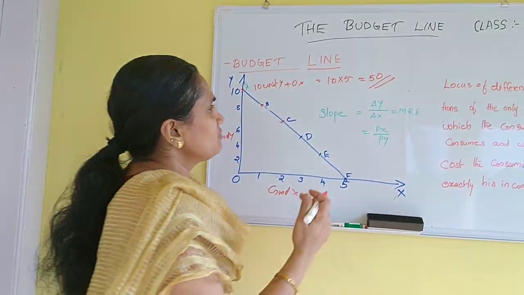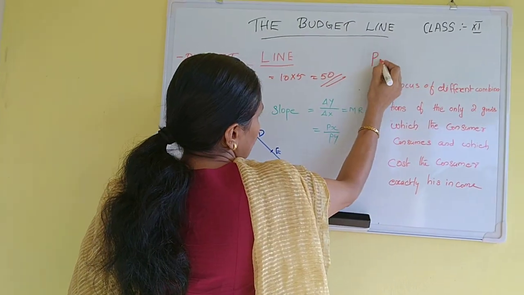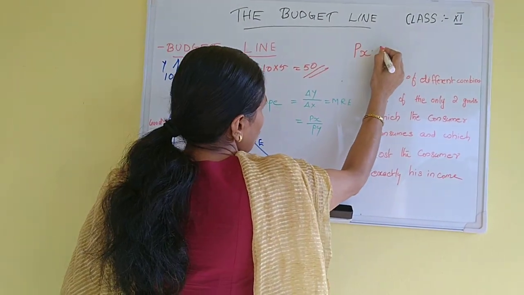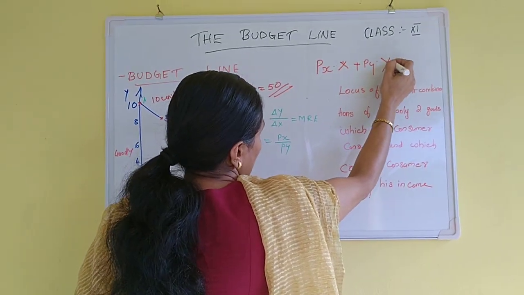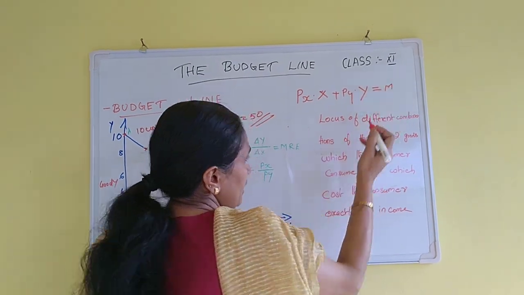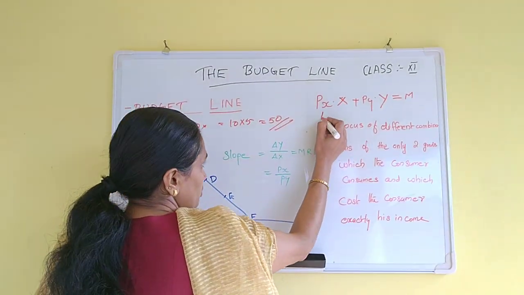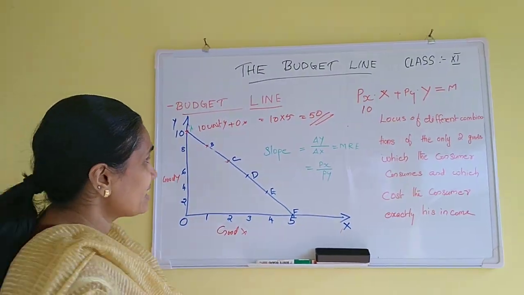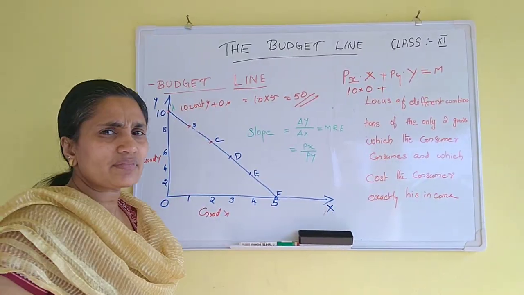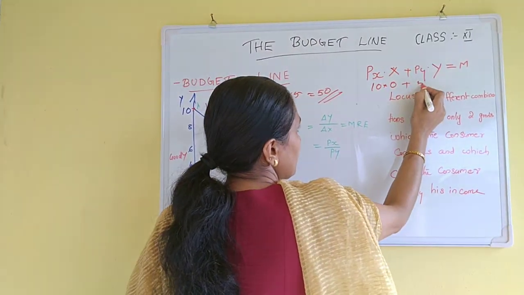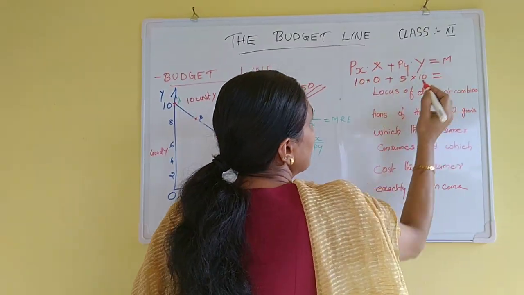Okay, so we can convert this cost into the budget line formula, that is, price of X into quantity of X plus price of Y into quantity of Y is equal to M, where M is the income of the consumer. Price of X is 10 rupees per X, and we are not consuming any good X, plus price of Y is 5 rupees, and we are consuming 10 units of Y, which is equal to income.